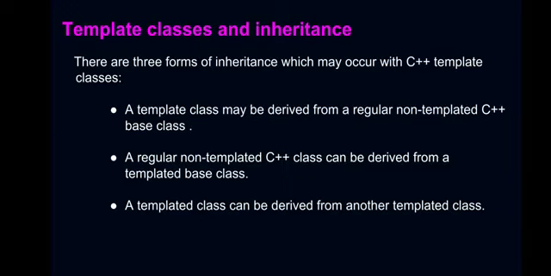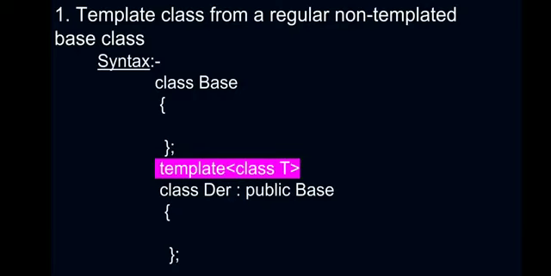First, the base class is not a template class, it's a normal class, and the derived class will be a generic class. Second, the base will be a template and the derived will be a normal class. In the third case we have both base and derived as template classes. Now let us see the first case where base is a normal class and derived is a template class.